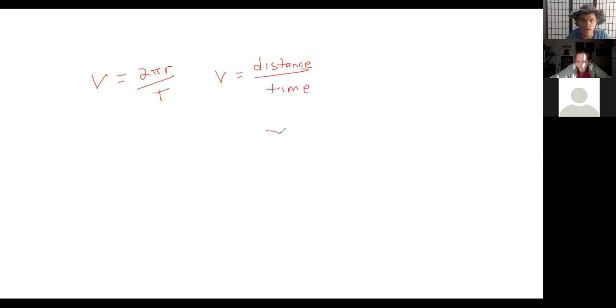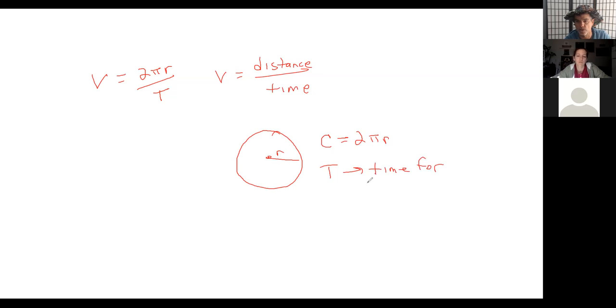The total distance it covers in one revolution is the circumference, which is 2 pi r, and T is the period, the time for one revolution, seconds per revolution. So this equation holds for uniform circular motion. If you know the period, the speed is 2 pi r divided by the period. But keep in mind that's only for uniform circular motion.